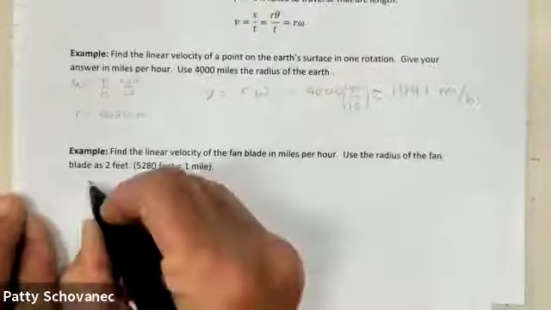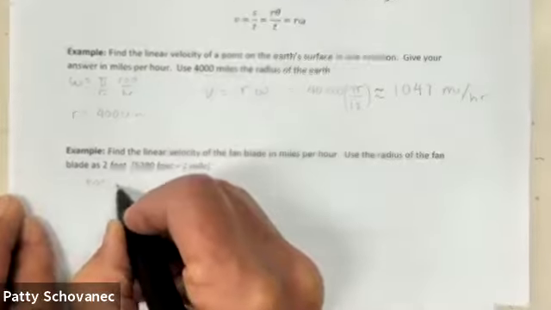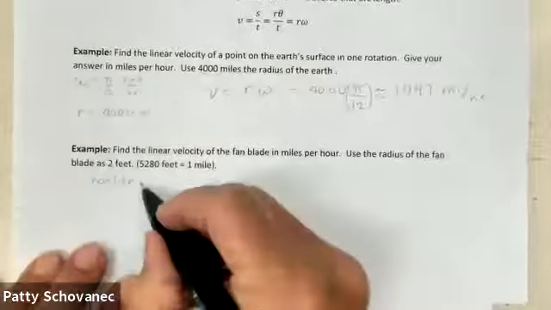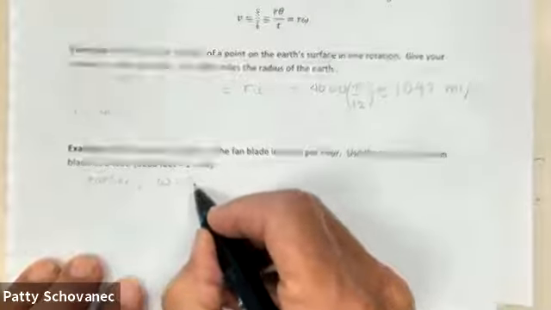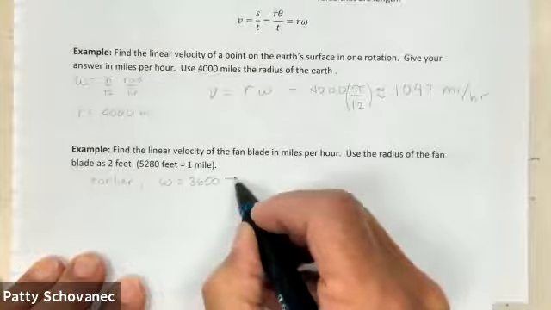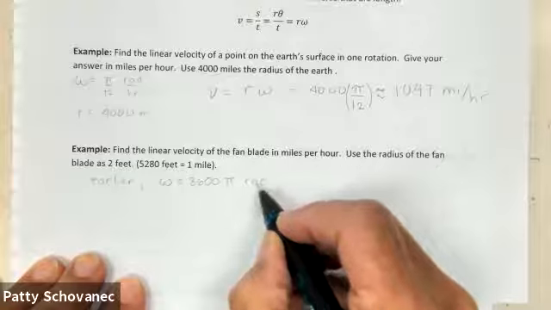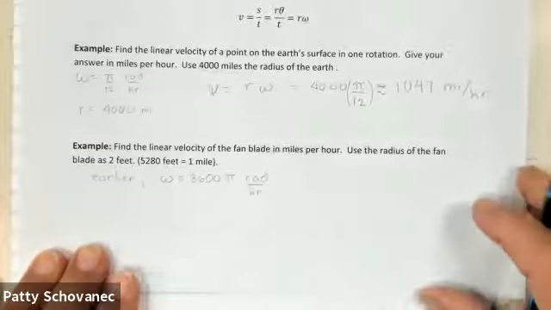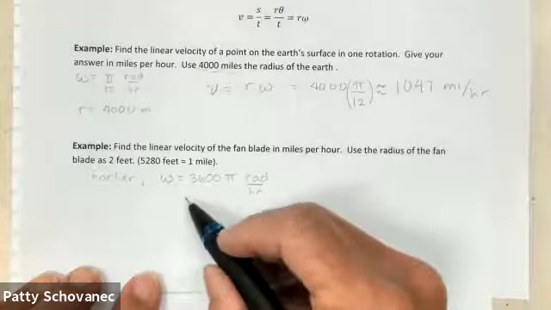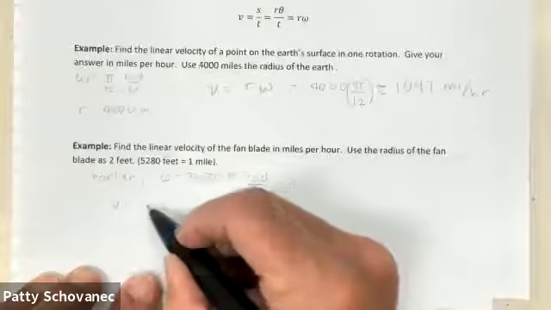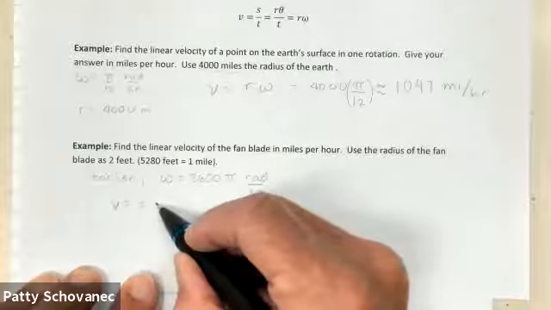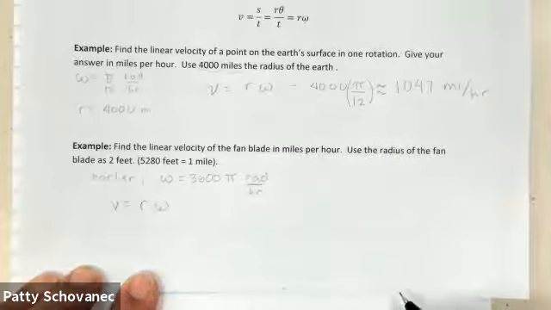Earlier, we found that omega was 3,600 pi radians per hour. And now we're going to use the fact that velocity is the radius times omega.